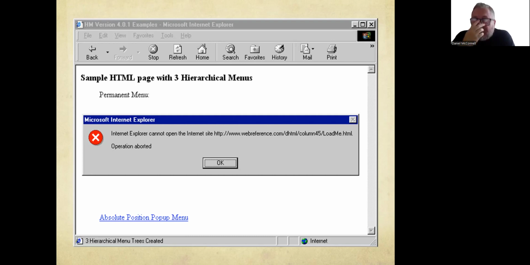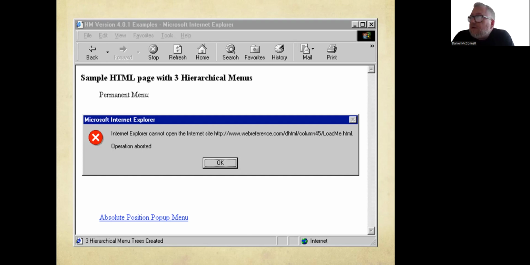I had this kind of stuff in the first set of notes, right? Some of these old dialog boxes from computers. Can't open a website, operation aborted. So there's an error here, and I know now the error occurred, right? This is clearly a big red circle with the X, so that all seems to indicate something has gone wrong. Is it my error?